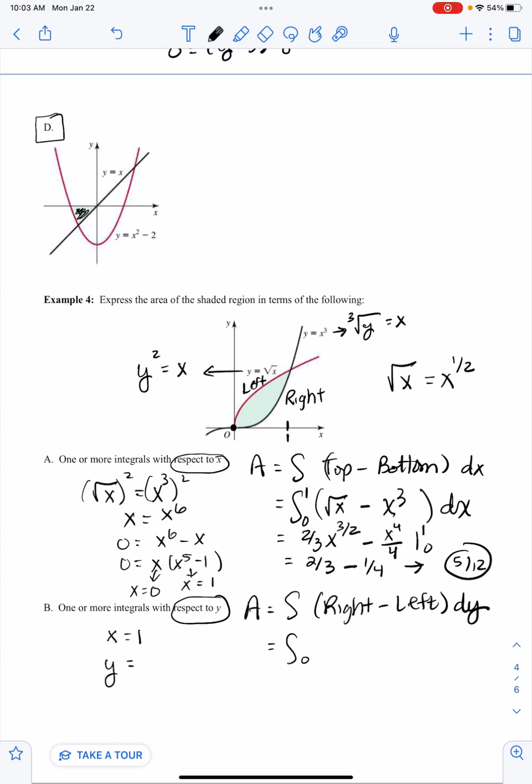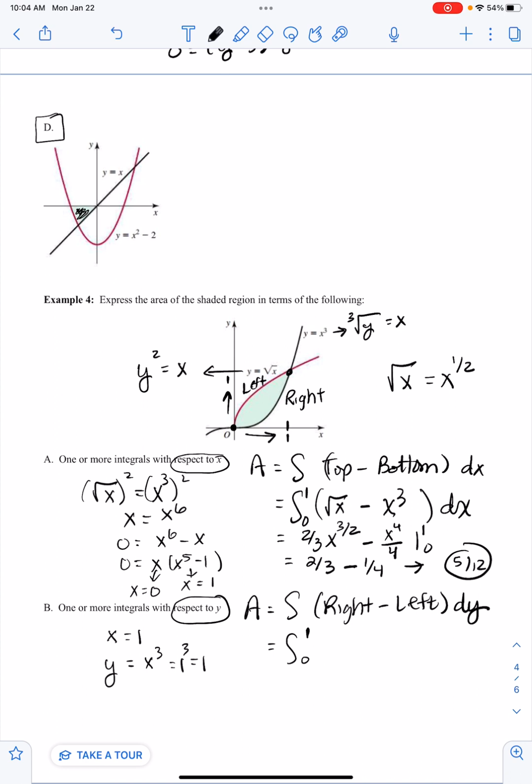So you could go back to the x cubed formula that you were given. If you plug in 1 and cube it, okay, then you're going to get that 1 is how tall you go. So same limits of integration, just moving from 0 to 1 on the x for the top to bottom, and then 0 to 1 on the y from the left to right.